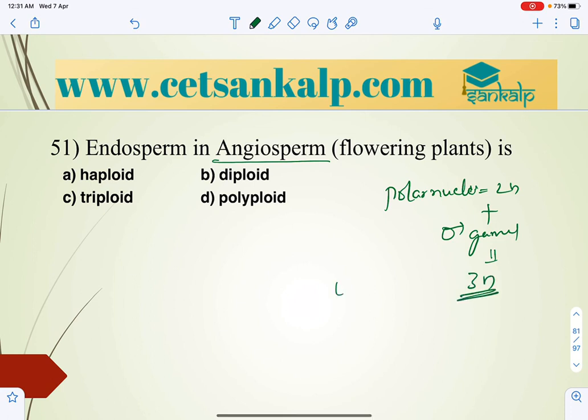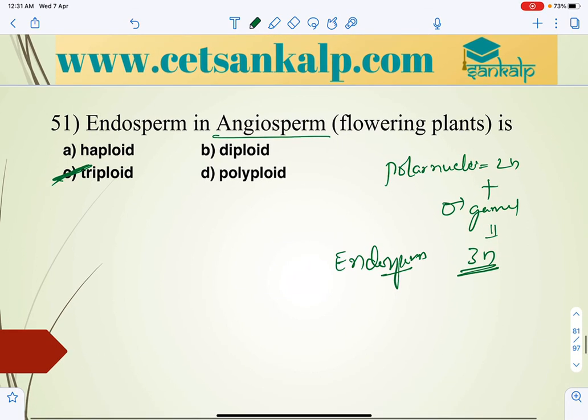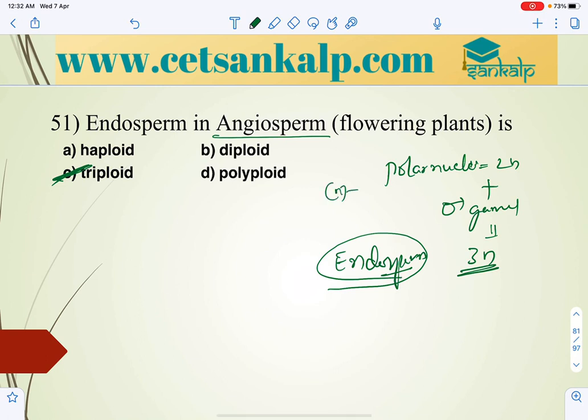Finally this develops into primary endosperm nucleus and then endosperm, which is triploid in nature. Polar nuclei after fusion form the secondary nucleus, and then endosperm. So n and n fuse to form 2n, and along with one male gamete with n, that forms triploid, that is endosperm.